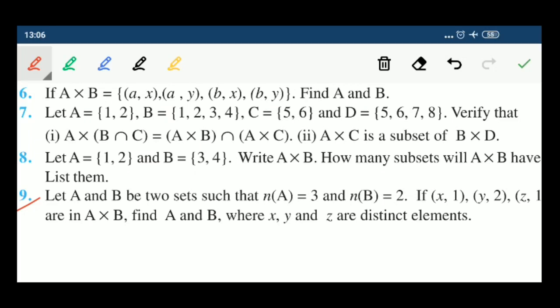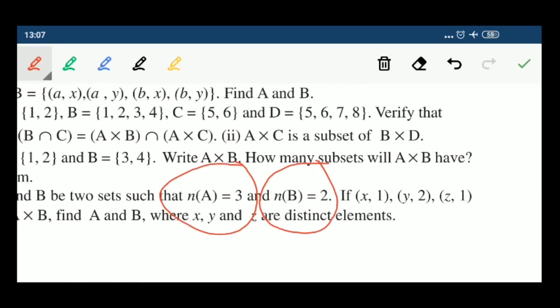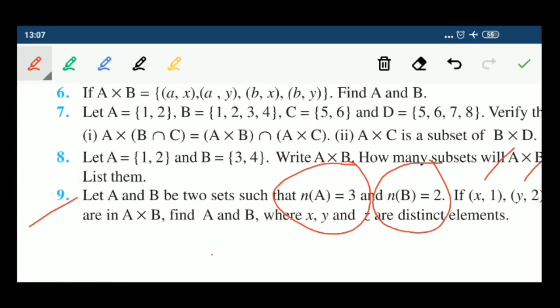See question number 9 and try question number 8 yourself. What is given? Let A and B be two sets, where the number of elements in A is 3 and the number of elements in B is 2. And you can see here x1, y2 and z1 are elements in the Cartesian product of A and B. So what is the meaning of it?